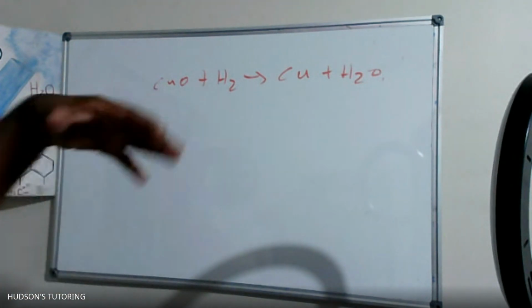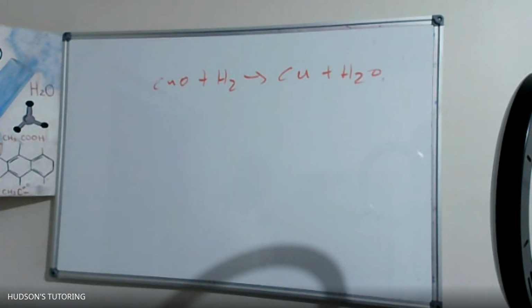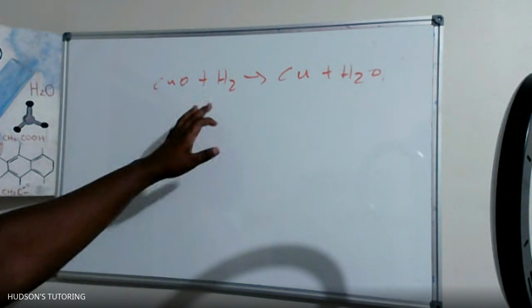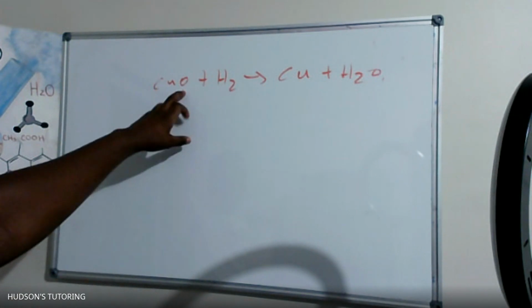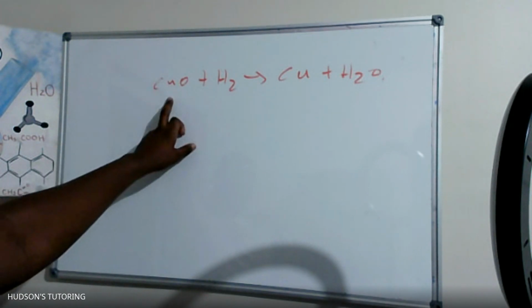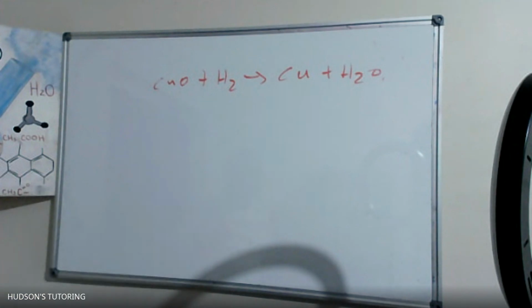We're identifying the oxidizing agent and the reducing agent. So copper here loses oxygen. You realize it was copper oxide, but now it's just copper. Because it lost oxygen, we say that it's reduced, because losing oxygen is reduction. That's all.